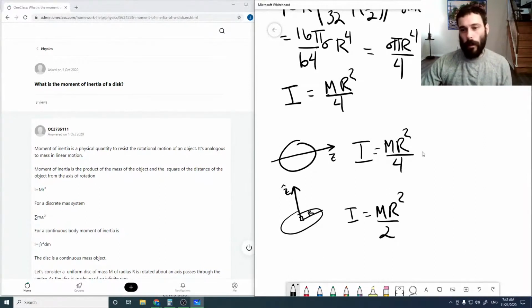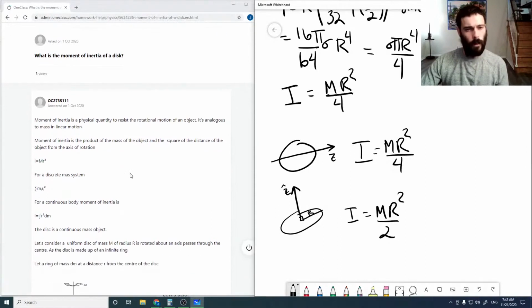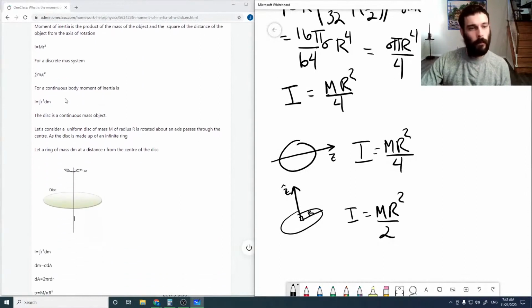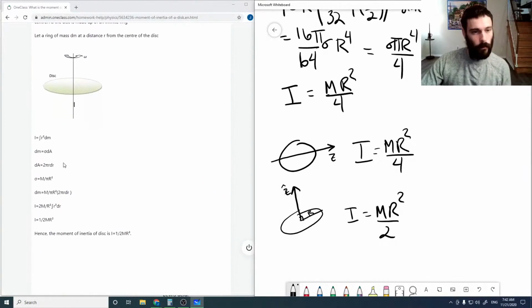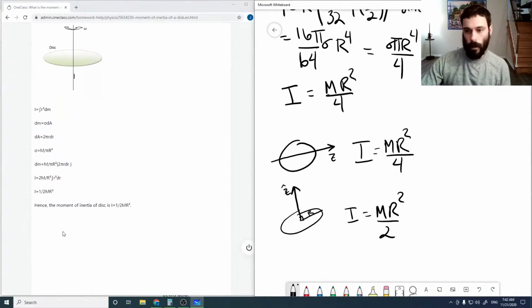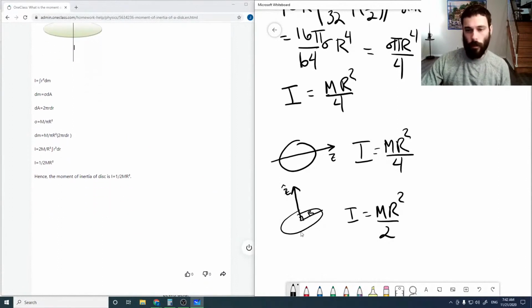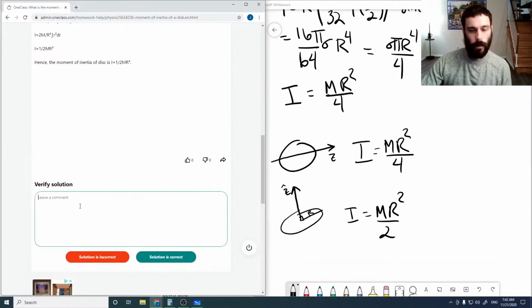Okay, so depending on how you set up your moment arm, you're going to get a different moment of inertia. Okay, so then if you look at the solution here, most likely, it's just the integral, and quite a bit of the math is gone through here. And so this is only for this case, but that's fine. It wasn't specified in the question.